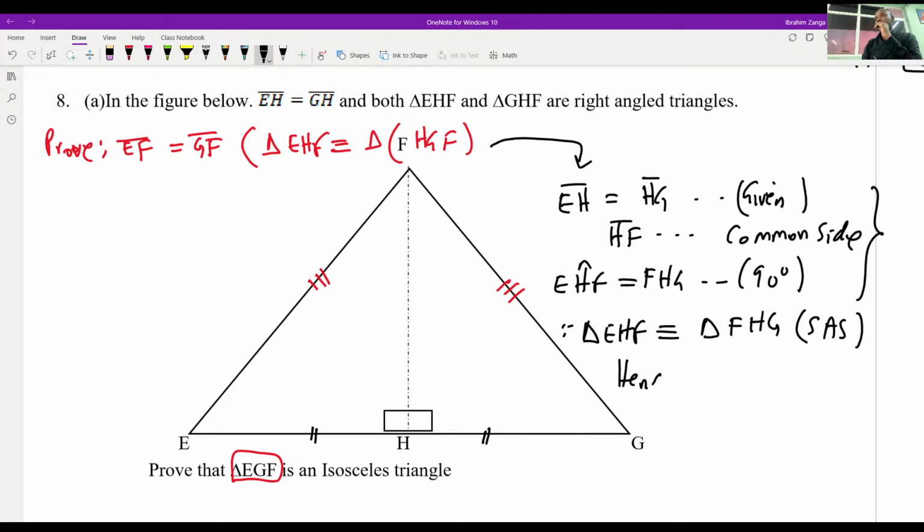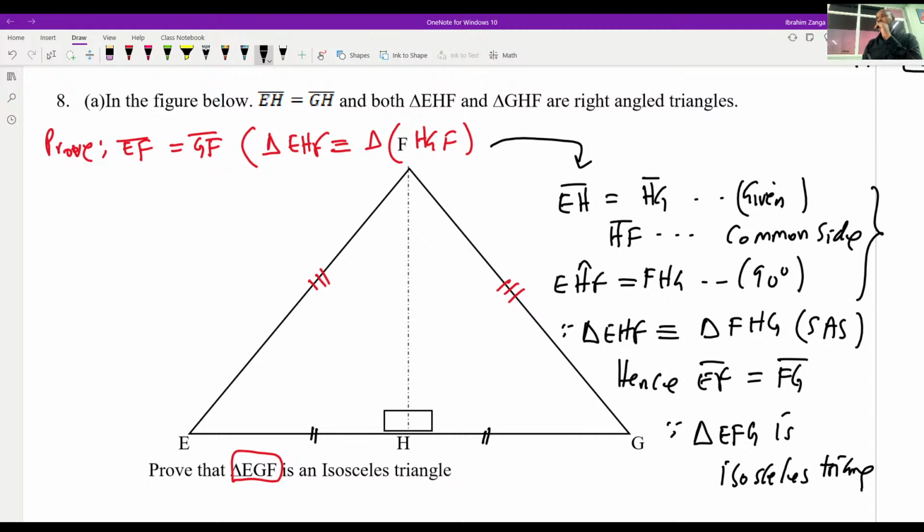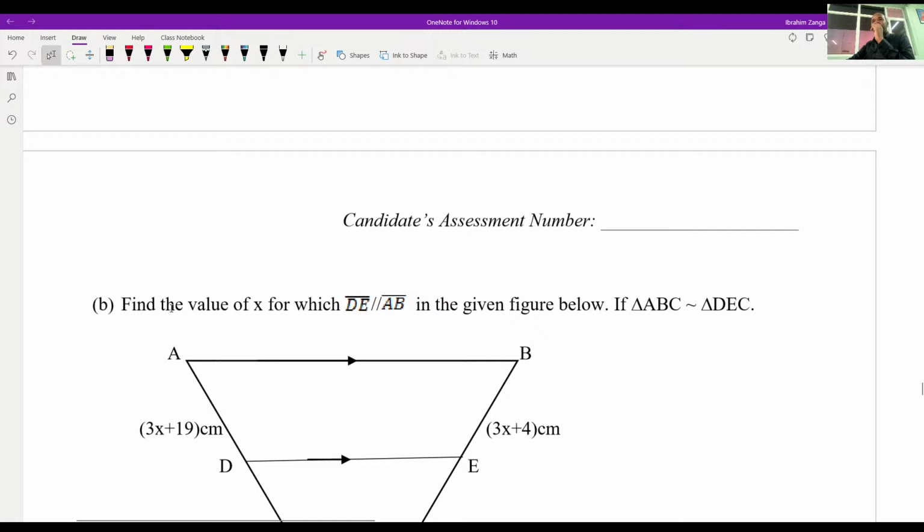Hence, EF is equal to FG, and therefore the large triangle, which is now EFG, is an isosceles triangle. So triangle EFG is an isosceles triangle, dear students.